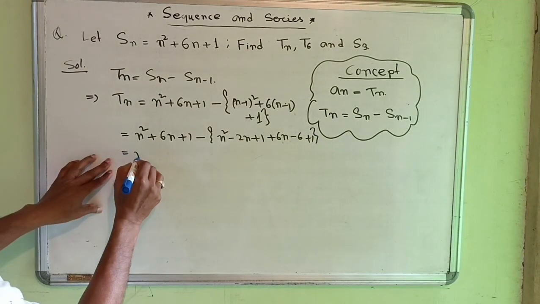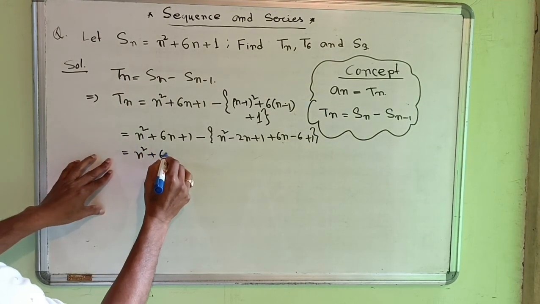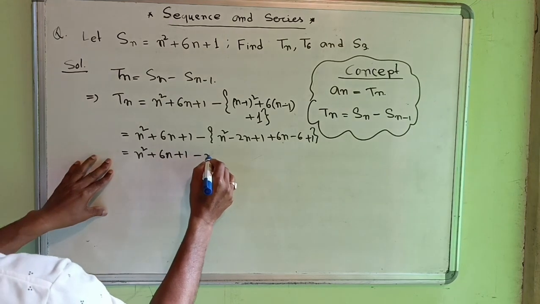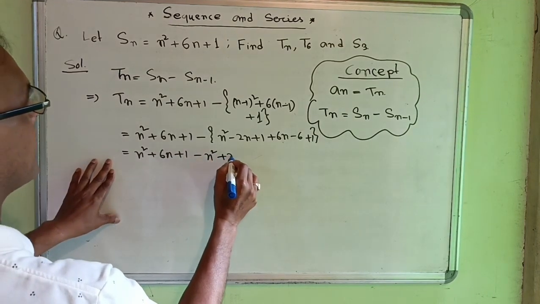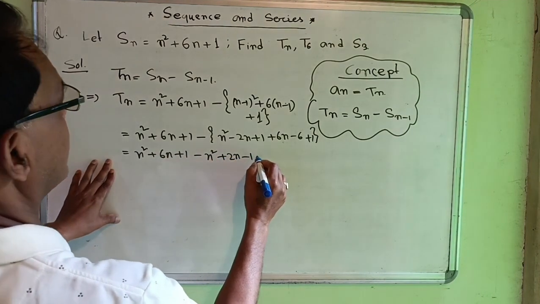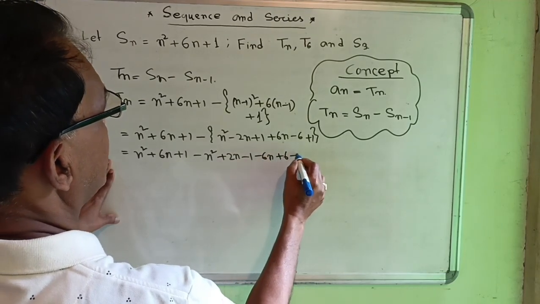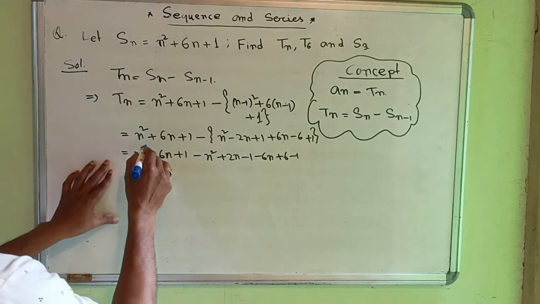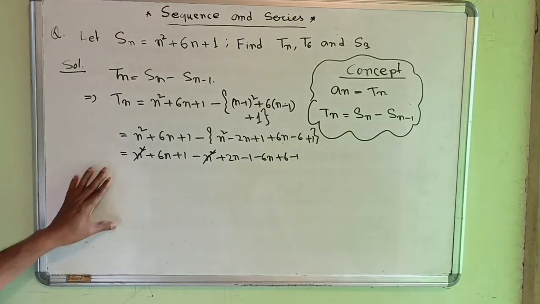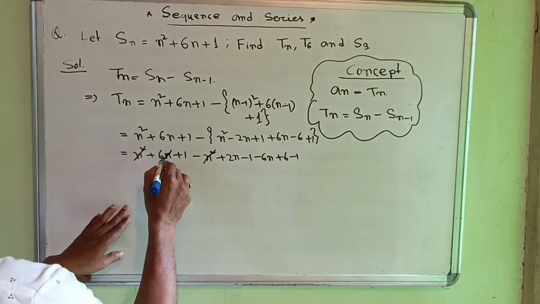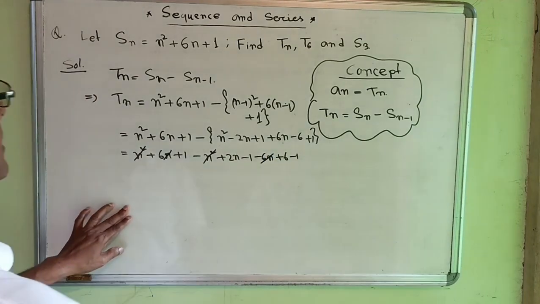This is equal to n square plus 6n plus 1 minus n square plus 2n minus 1 minus 6n plus 6 minus 1. Then n square goes out. 6n goes out.